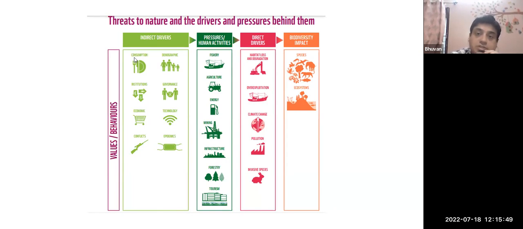These are some of the human pressures or activities leading to biodiversity loss. And we have the direct drivers, which include habitat loss, degradation, overexploitation, climate change, pollution, and invasive species. Together, all these things impact the health of ecosystems and finally push the species towards the brink of extinction.